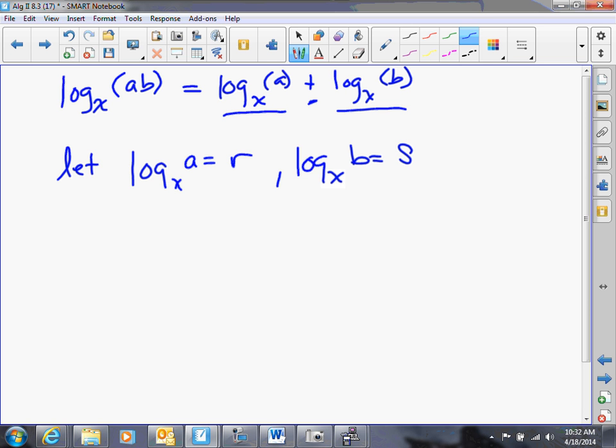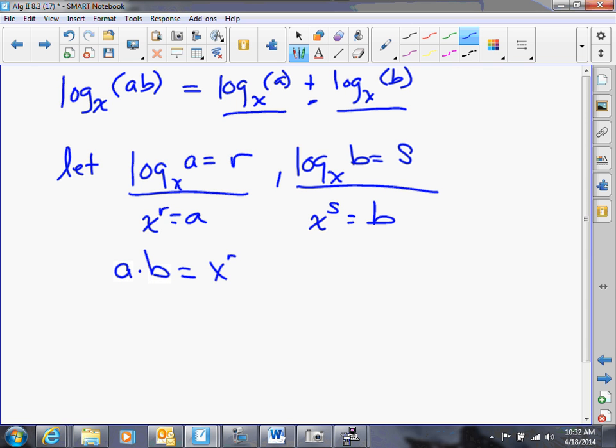Now, because this is true, if we rewrite this logarithmic equation in exponential form, we'll get x to the R equals A. And if we rewrite this equation in exponential form, we'll get x to the S is equal to B. Now, A times B is equal to x to the R times x to the S, because I'm just substituting x to the R for A in this equation and x to the S for B, then that's allowed.